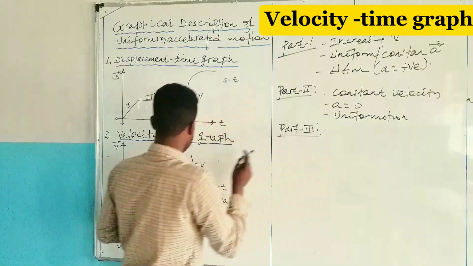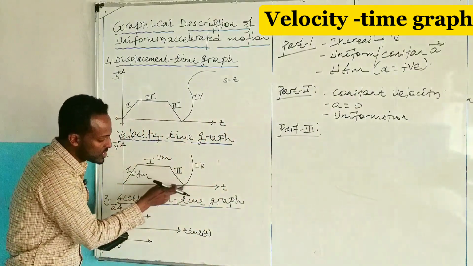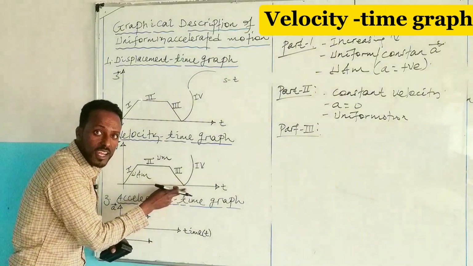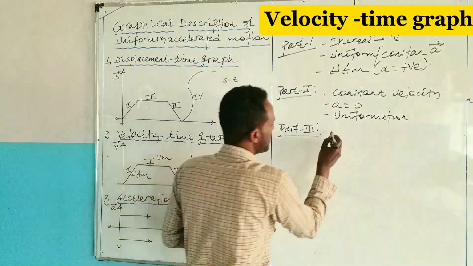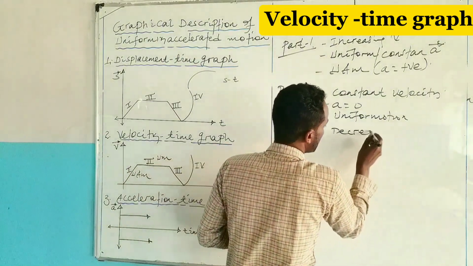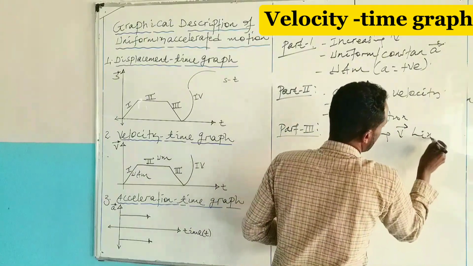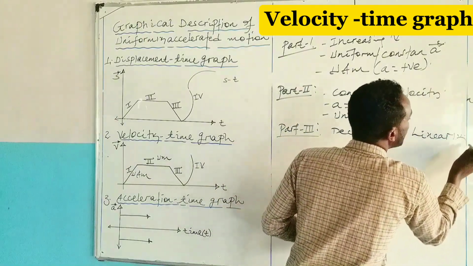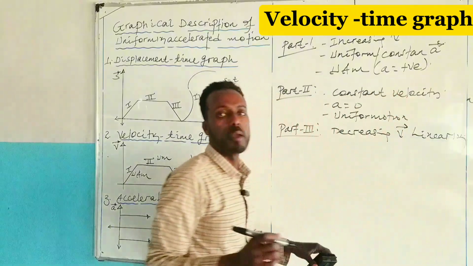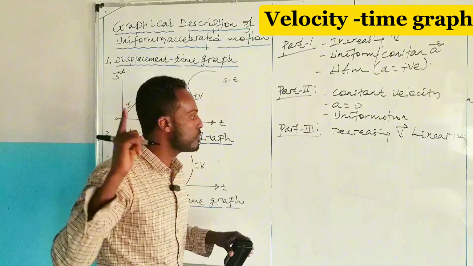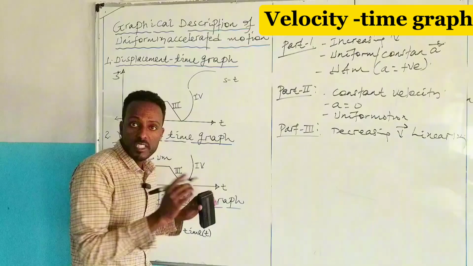Part 3 ላይ ስንመጣ ደግሞ the velocity of an object is decreasing linearly with time, which means that the object must be accelerating.